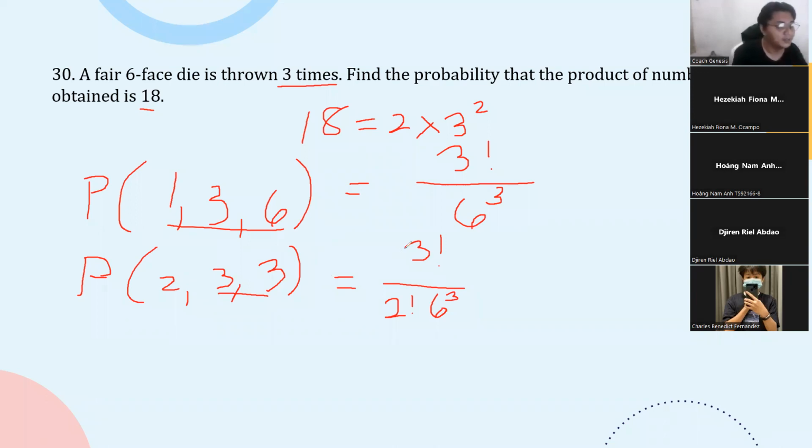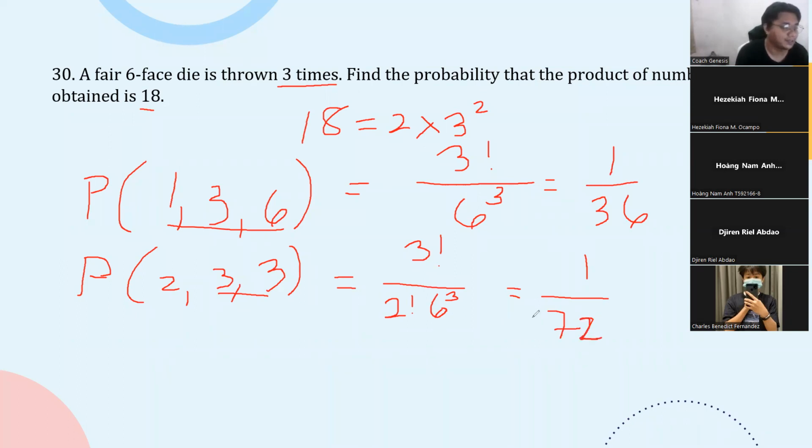In this case, we have 3 factorial over 2 factorial, and then you divide it by 6 cubed again. So this becomes 1 over 36, right? And this becomes 3 factorial, so 6 squared, 1 over 72.